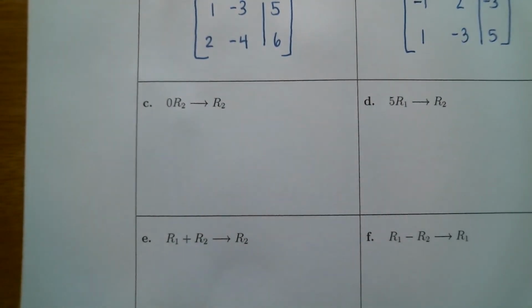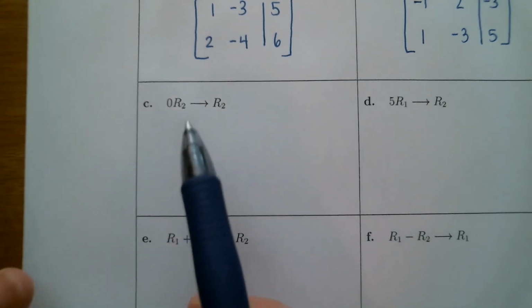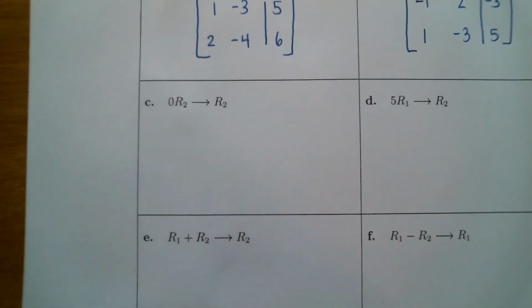Again, we are going back to the original augmented matrix presented in the problem. You're asked to do 0 times row 2 becomes row 2. This is not valid. You're multiplying row 2 by something, but you're multiplying by 0. That is not allowed. Why is that not allowed?